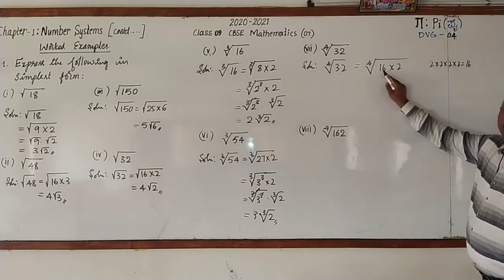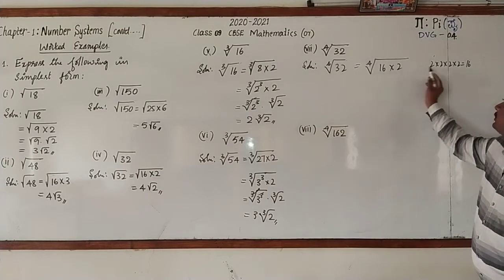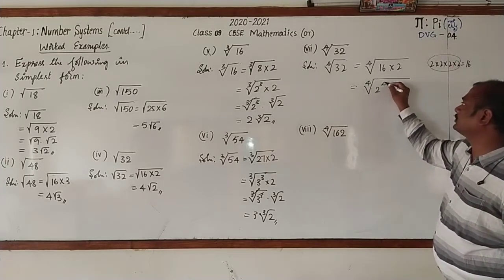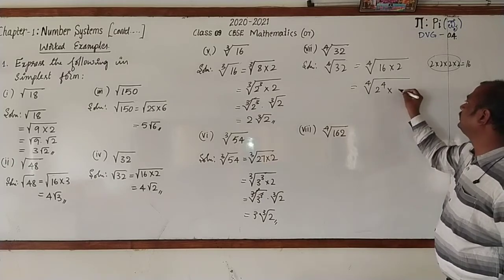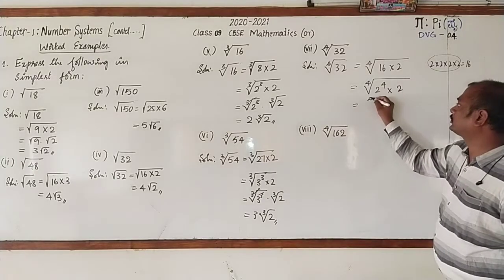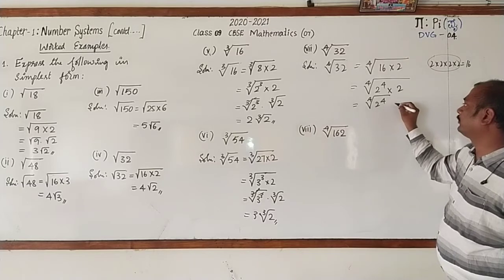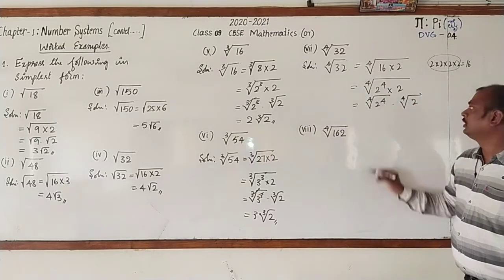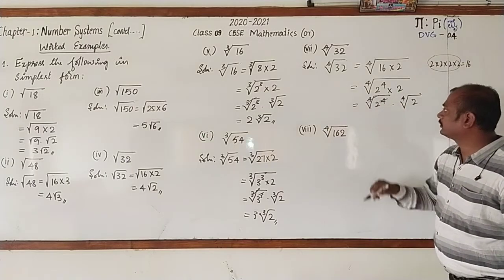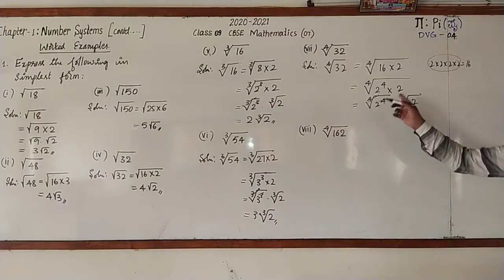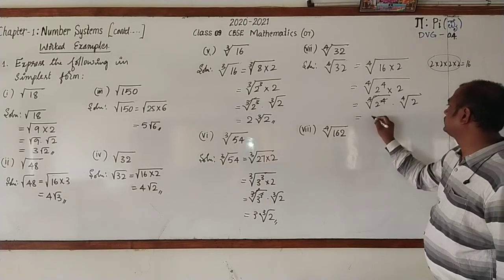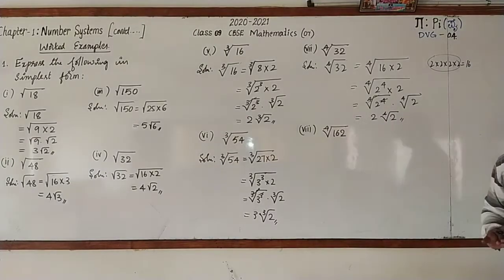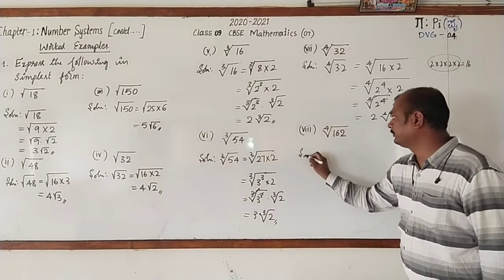So 16 can be expressed as 2 raised to the power 4. Fourth root of 2 raised to the power 4 into fourth root of this 2. Power 4 and fourth root get cancelled. You will get 2 into fourth root of 2. Clear? Next, one more example.